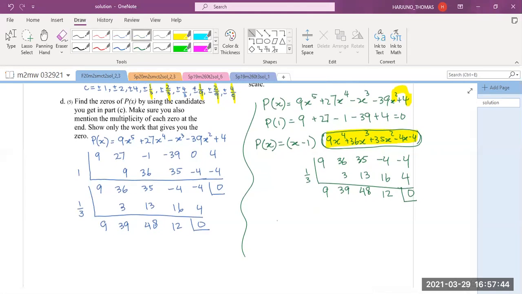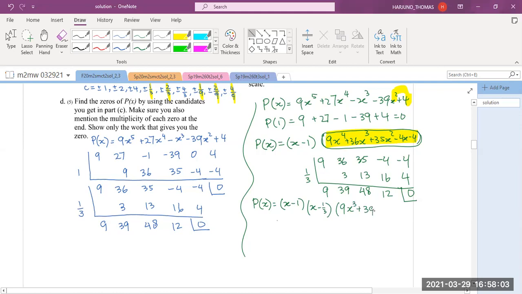Okay, so at this point, going back to our scratch paper, my p(x) is equal to x minus 1, and I can factor this yellow part now to be x minus 1/3 times 9x cubed plus 39x squared plus 48x plus 12.